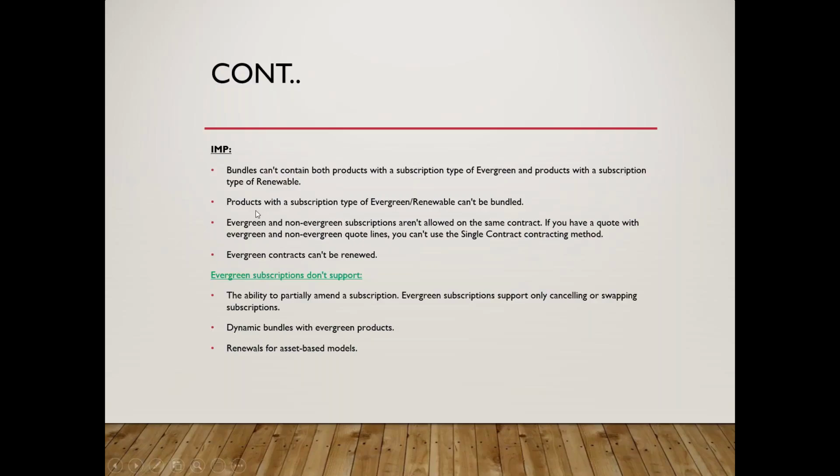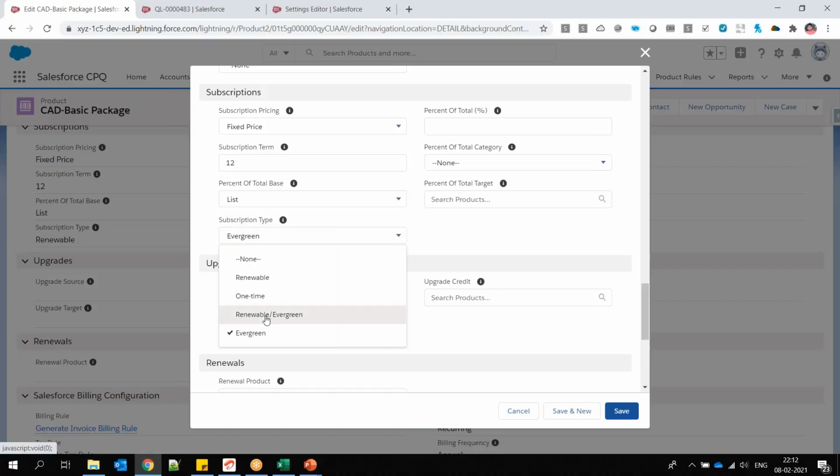The second point here is that products with the subscription type of renewable evergreen can't be bundled. Coming back to the last selection here, renewable evergreen, what does it mean? We discussed renewable, we discussed one time, and we are discussing evergreen. If I'm saying renewable evergreen, that will carry the functionality of renewable as well as evergreen.